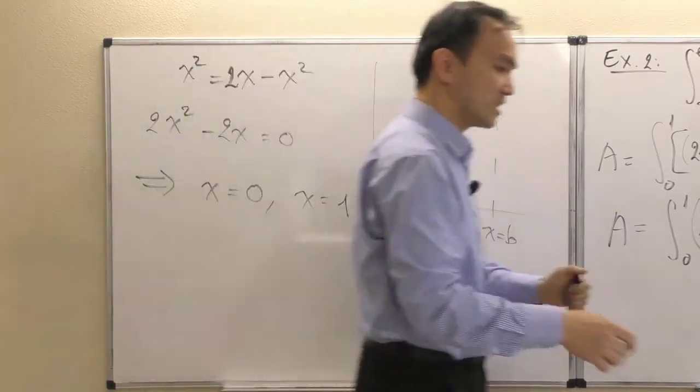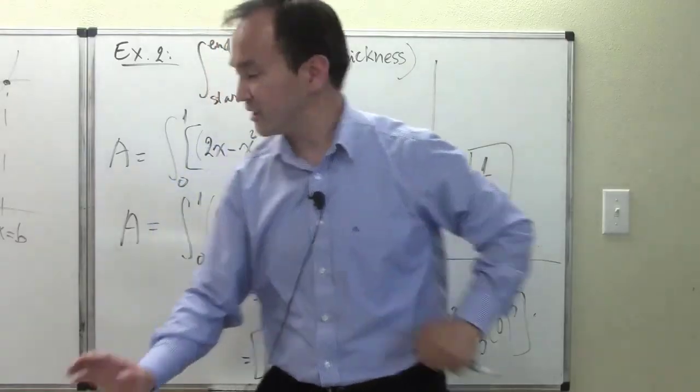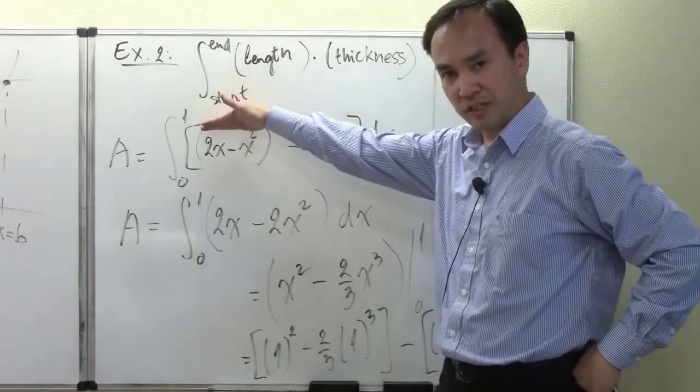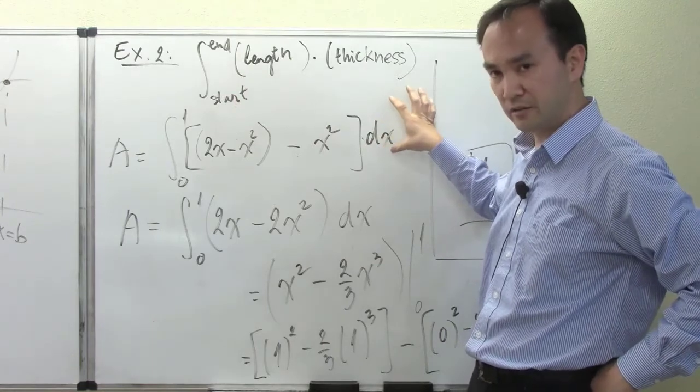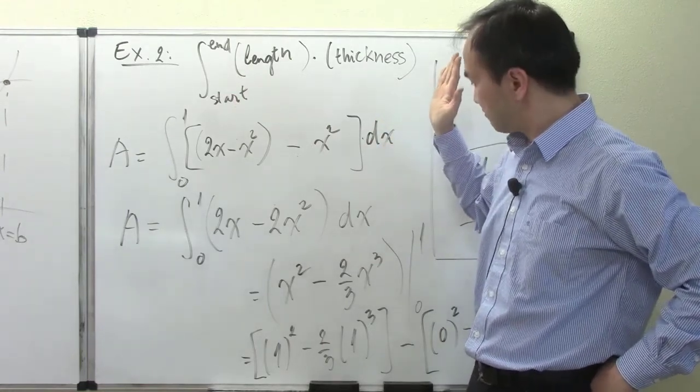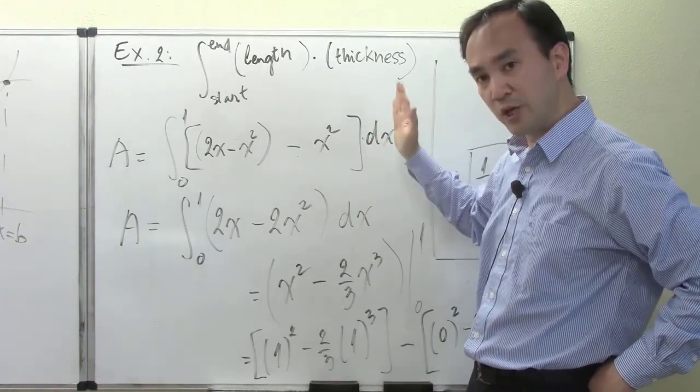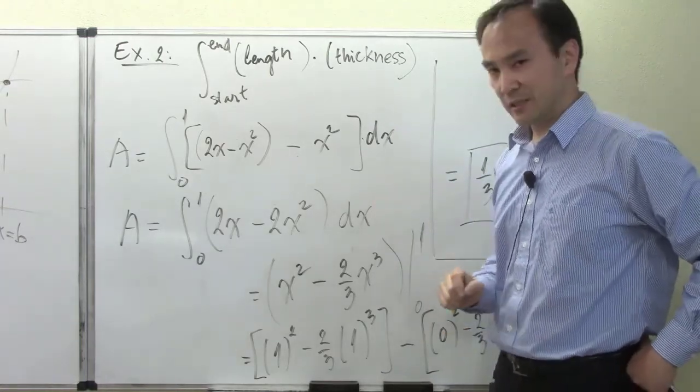That way we can successfully set up the upper curve minus the lower curve, in the context where we decided we are accumulating with vertical stripes. Okay, so that's another experience I want to add.